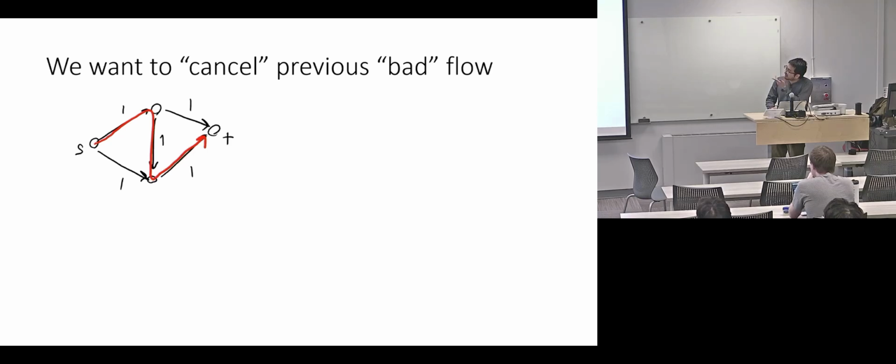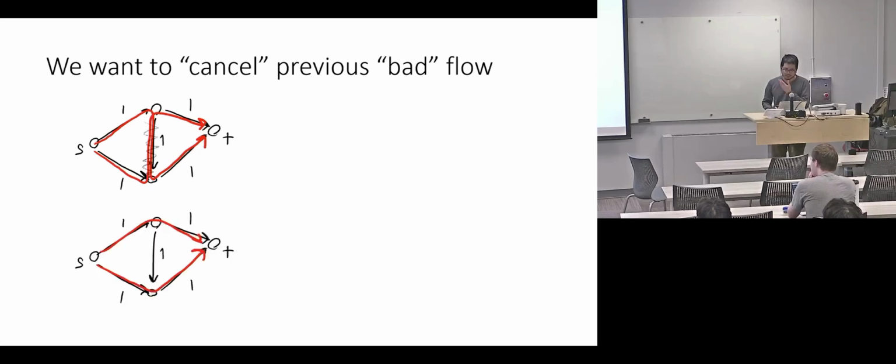Let's say I try to cancel whatever I do here. It goes in 1 unit here, I just go backward here and do this. And now this one gets cancelled. So you get to this one.